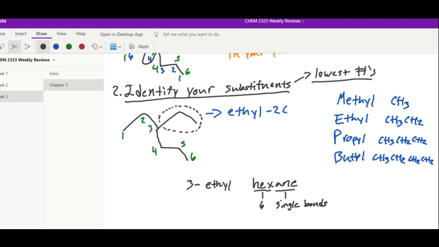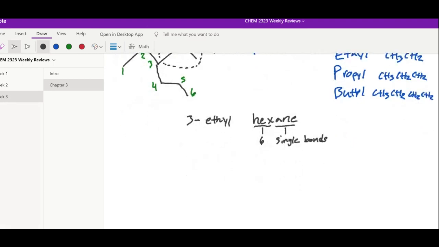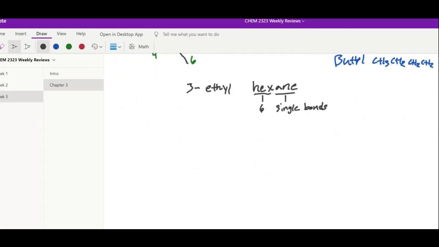You don't necessarily need to put a dash between the last substituent and the parent chain, but if you want, I don't think it's necessarily wrong. Yeah, I'm actually going to not put it. So that would be this structure's name, 3-ethylhexane. Okay, we'll go over another example.